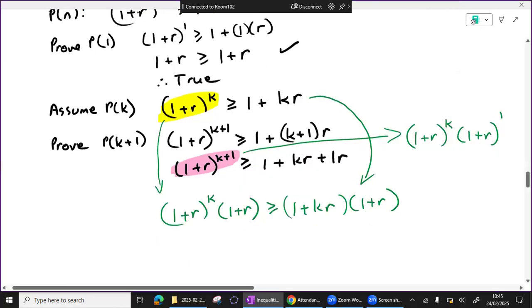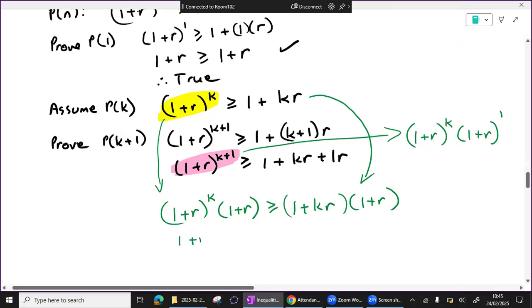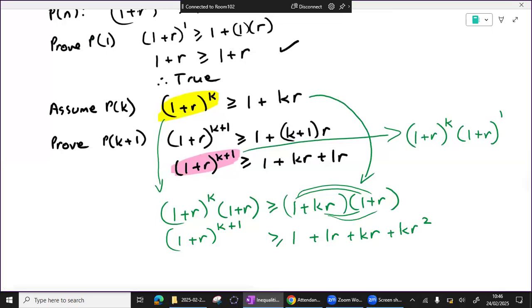So now that I've done that, I'm just going to rewrite it to look like the pink, and then tidy this up. So 1 by 1 is 1, 1 by r is r, and then kr by 1 is kr, and then kr by r is kr squared. Now, we've changed the assume into the prove.